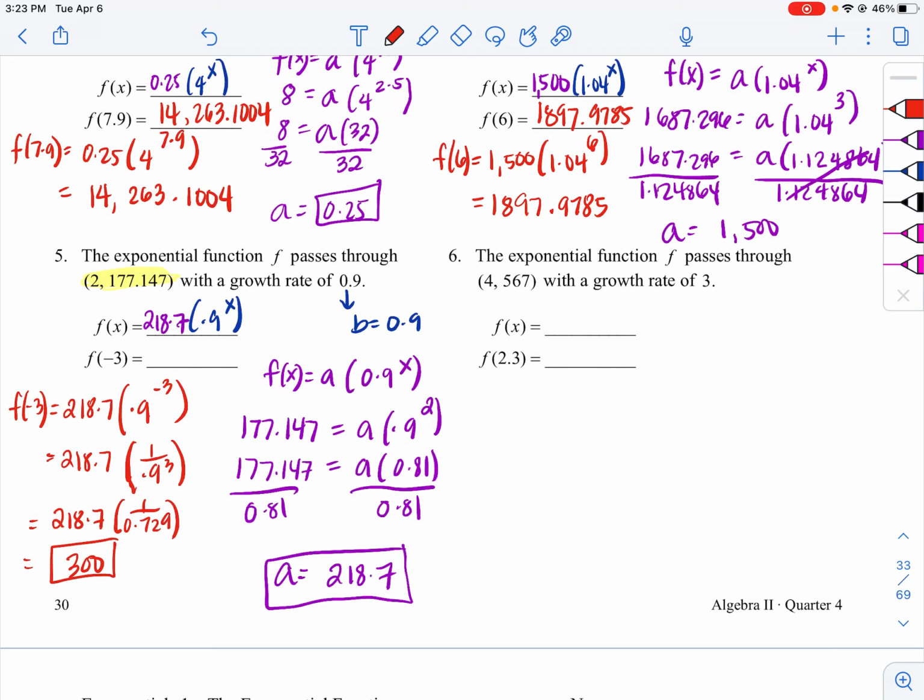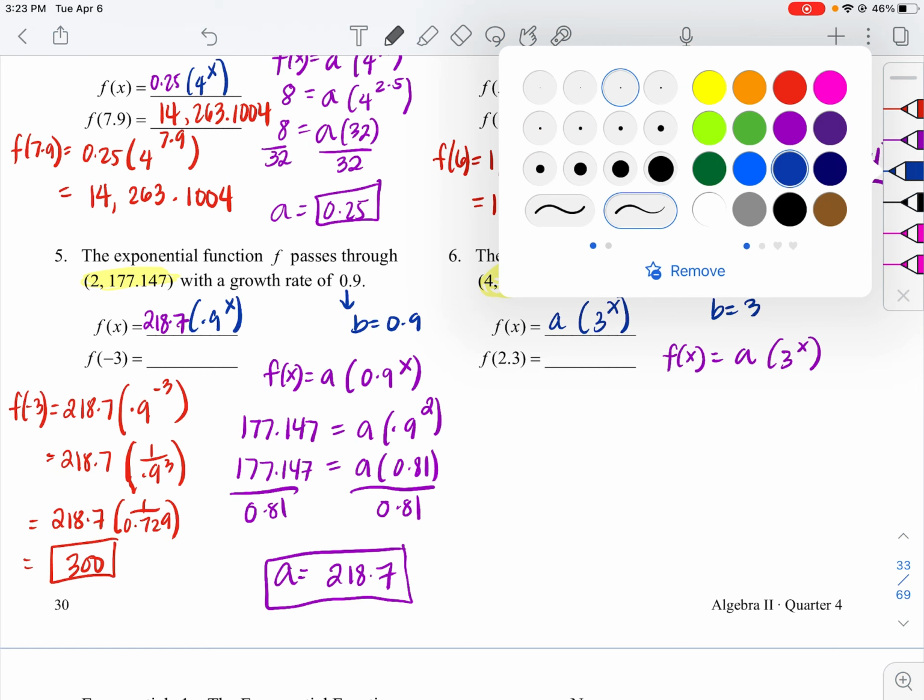Okay, so again, this one is your B value. So this is f of x equals a times b to the power of x, and here b is 3. So this is a times 3 to the power of x. I don't have a choice but to use this point because that's the only one given to me.